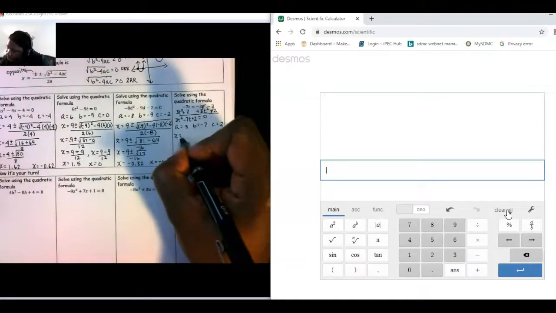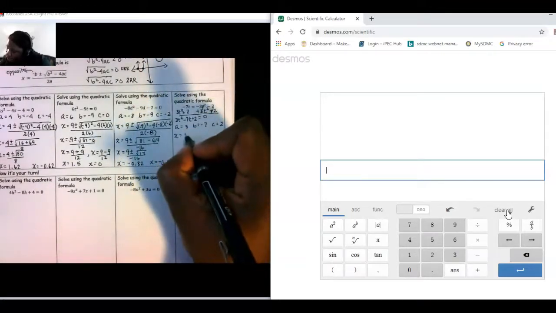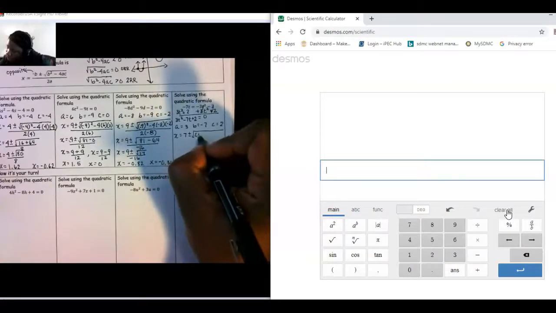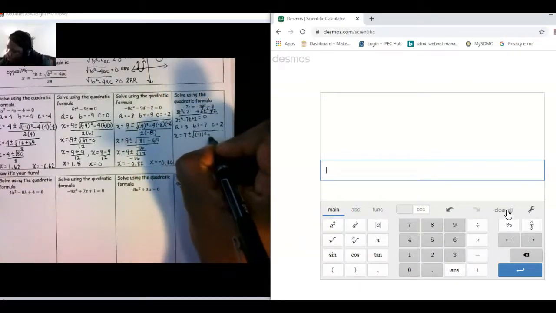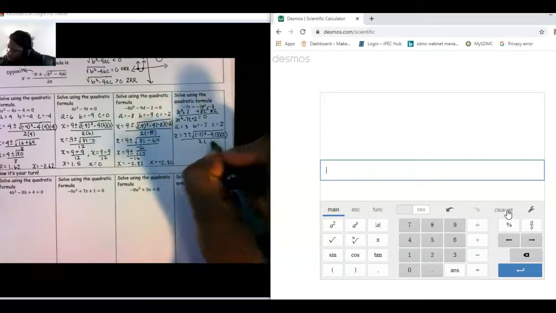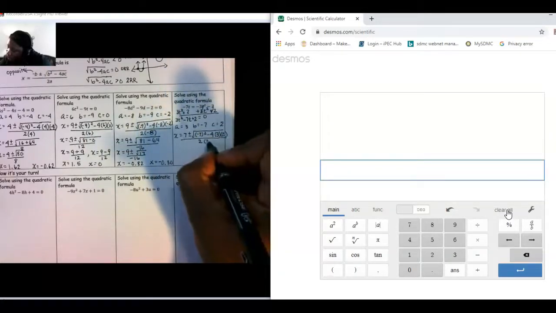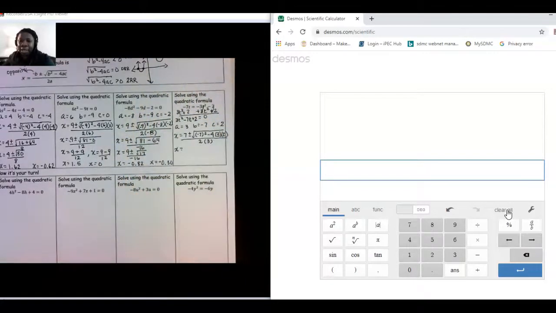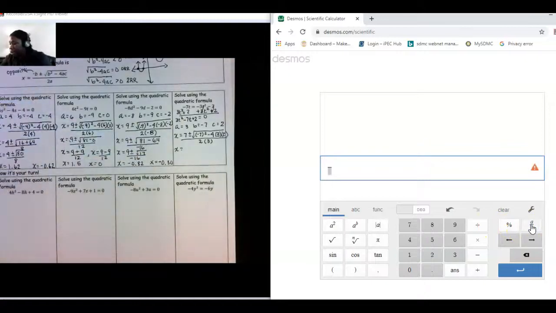So x is equal to the opposite of the b term, which is 7, plus or minus the square root of negative 7 squared minus 4 times a, which is 3, times c, which is 2. All of that divided by 2 times 3. Now this time, I'm just going to put it in the calculator, because as you can see, I'm running out of room.